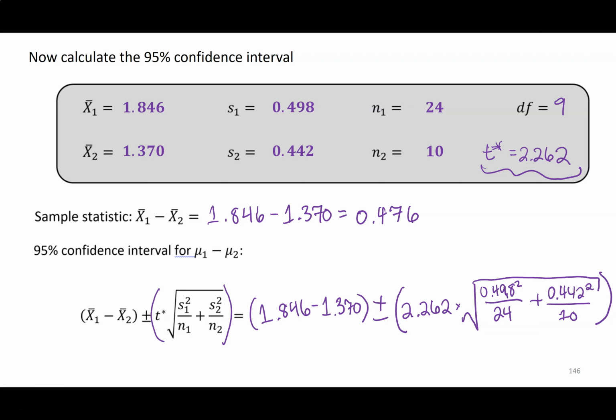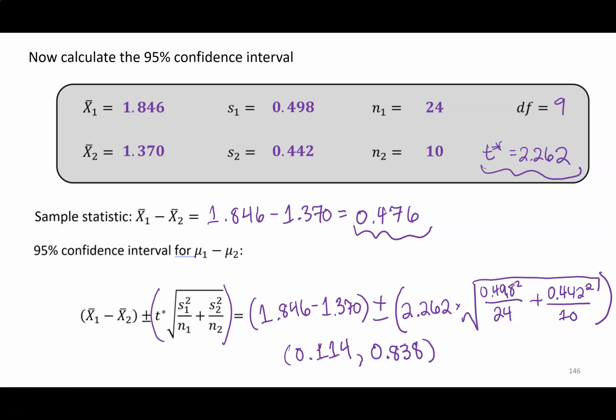Speaking of which, it looks like it's 0.114 to 0.838. And note that 0.476 is smack in the middle of that.